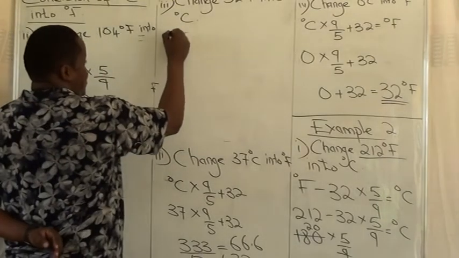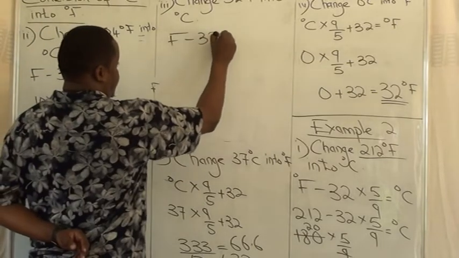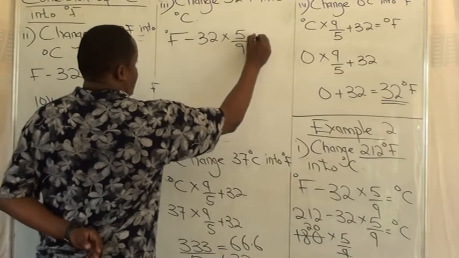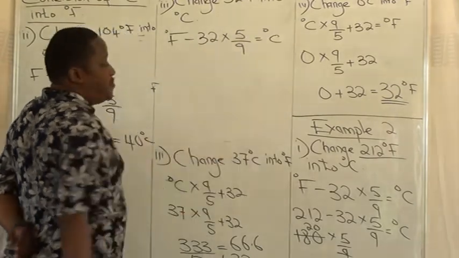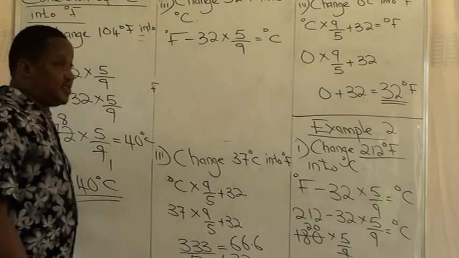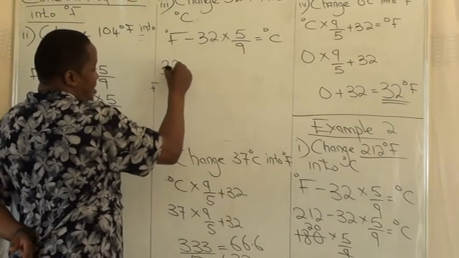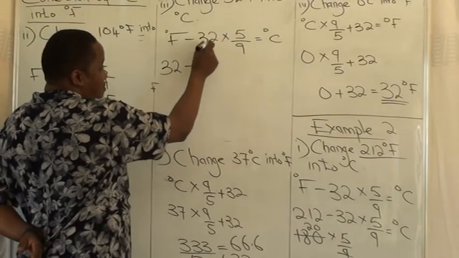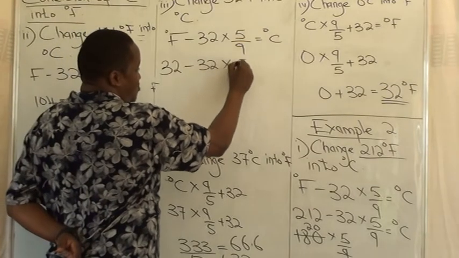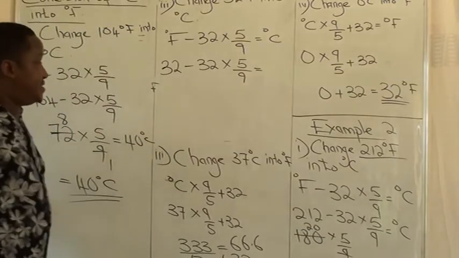So formula, number one is the formula. Write the formula. That is the formula. If you know the formula, the rest is just so simple. So you take your 32 degrees Fahrenheit, you subtract from 32 according to the formula, and you multiply 5/9.